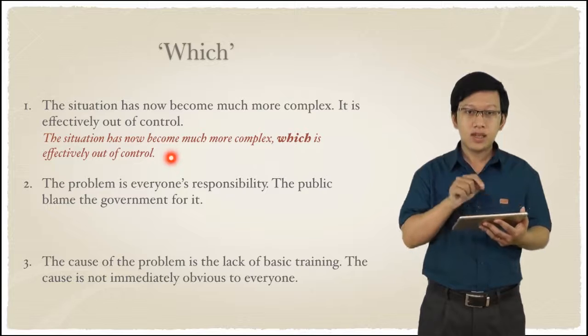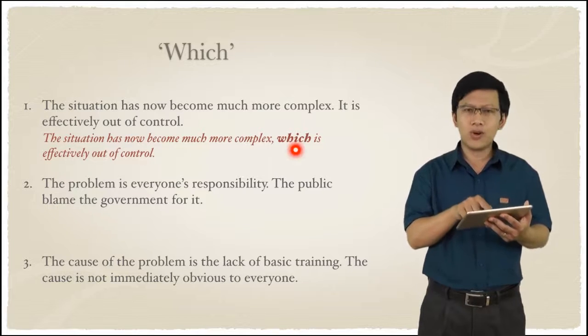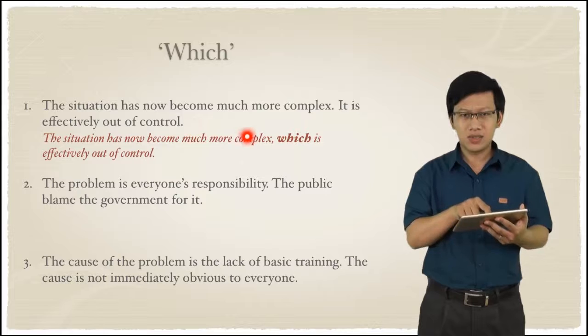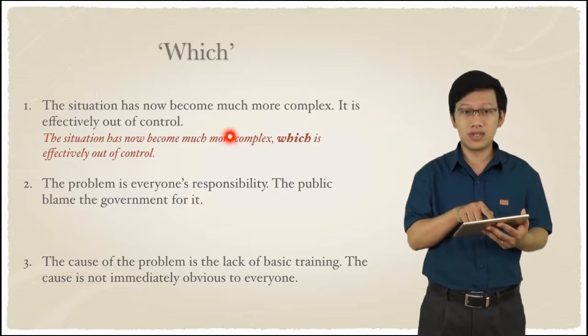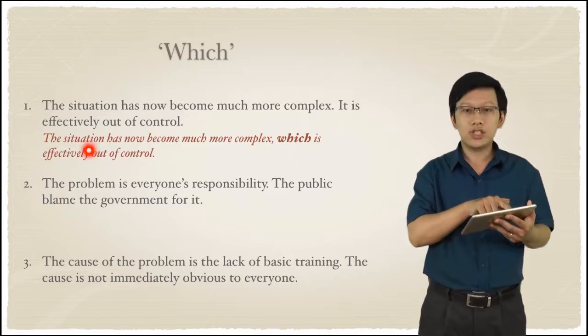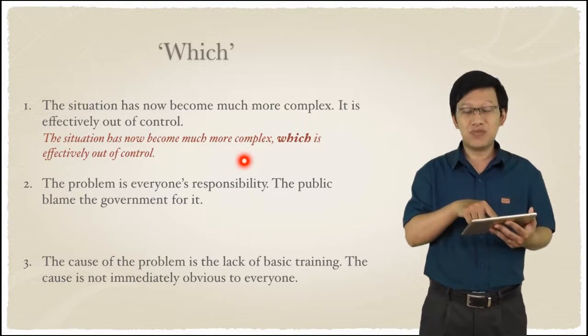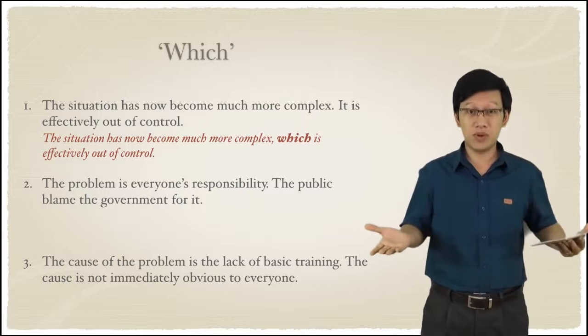Alright? So which here can refer to the situation. It also can mean the whole phrase. So again, sometimes it's not very clear. Well, you can actually say: the situation which has become more and more complex is effectively out of control. Well, that could be one way.